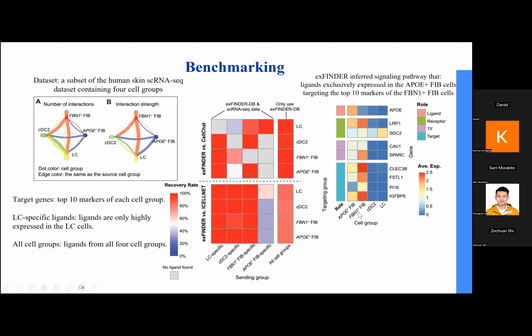So for this pathway related to external signal, if we remove the APOE cell group, the current methods will not be able to identify this ligand. So these are the benchmarking part.